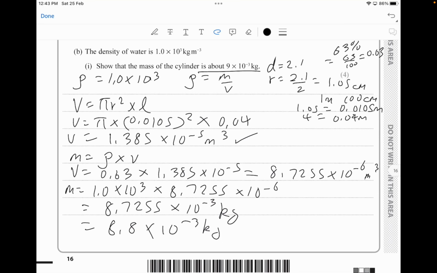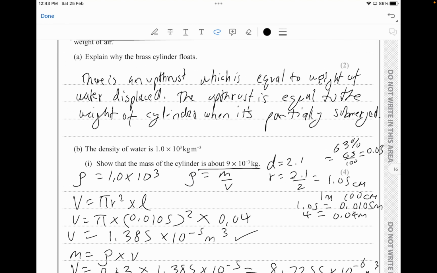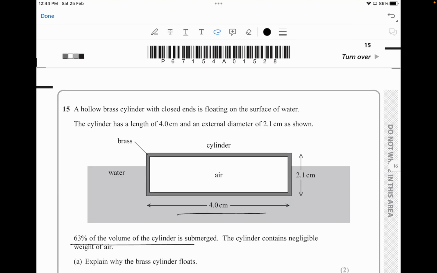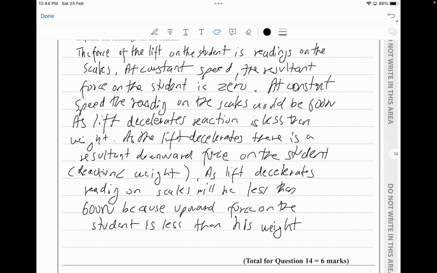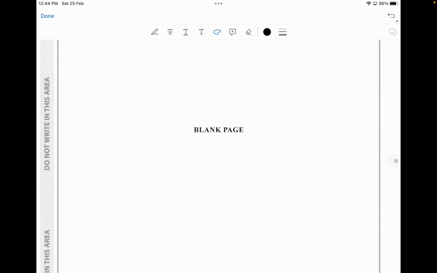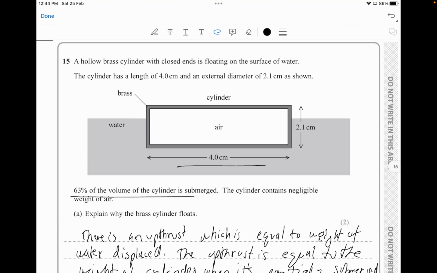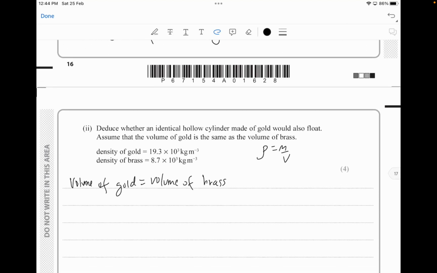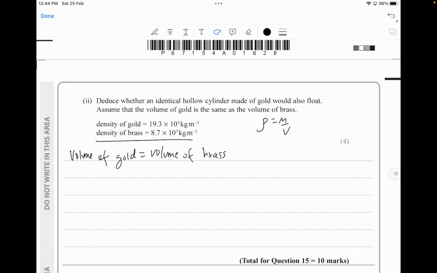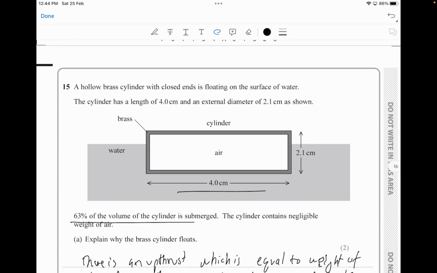So what we're going to do is we can multiply that by the 8.7. I'm just going to look for some values here. Is it related to the questions above? No. Okay. So in this case, you can see the density of gold, and the density of brass. So this is a hollow brass cylinder.